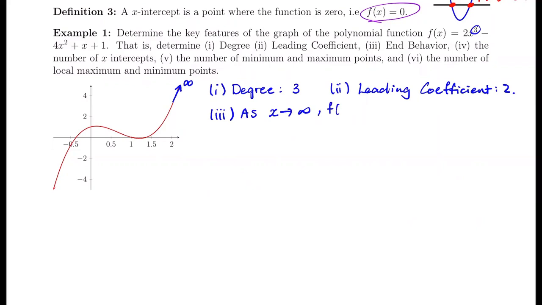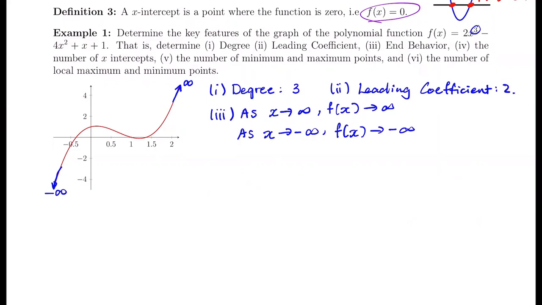So f of x approaches infinity. And similarly, as x approaches negative infinity, f of x would approach negative infinity. So it would go this side to negative infinity.